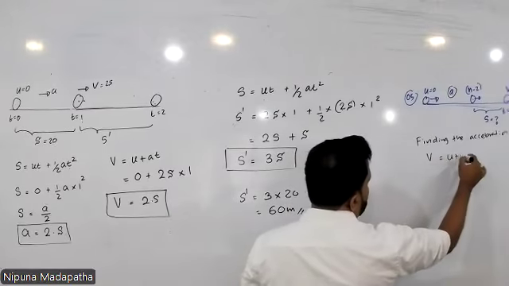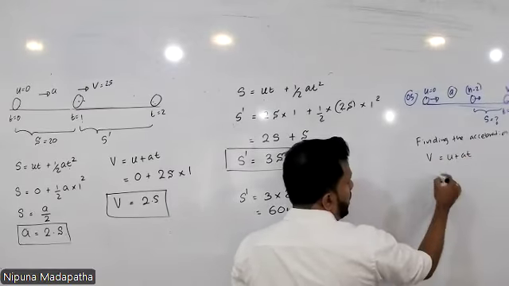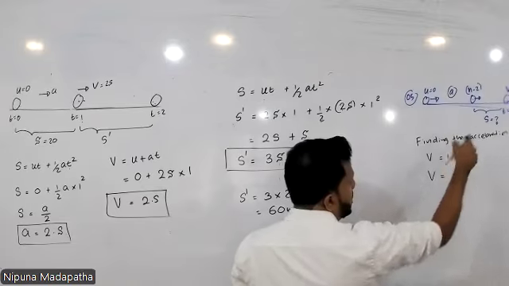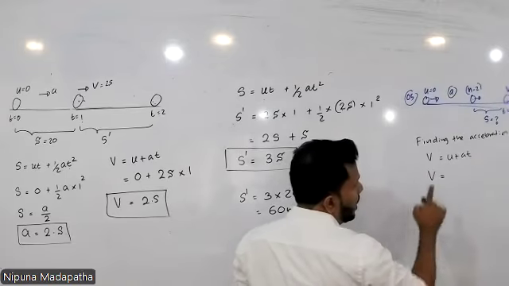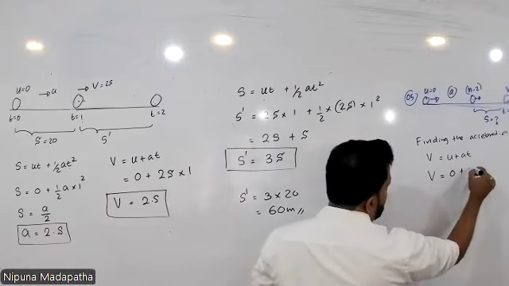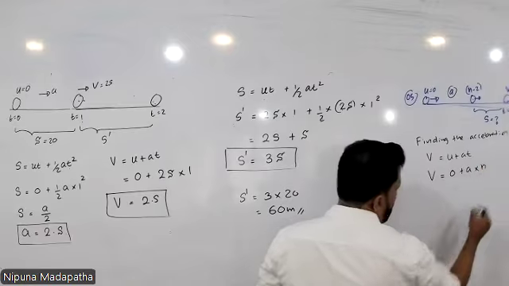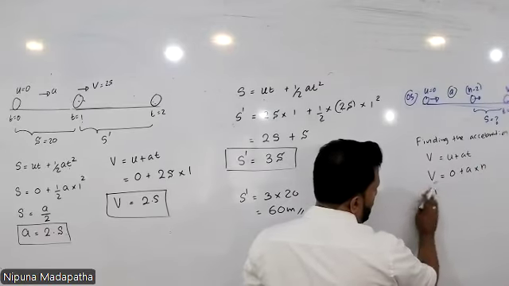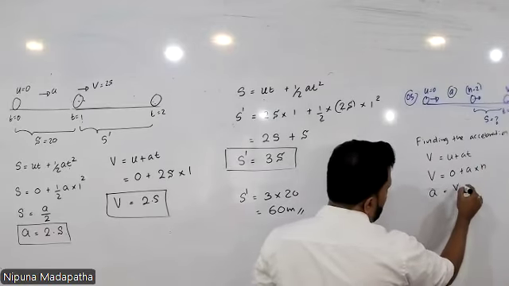Use v equals u plus at. The final velocity after n seconds is v, the initial velocity is 0, the acceleration is a, the time is n. So the acceleration is v over n.